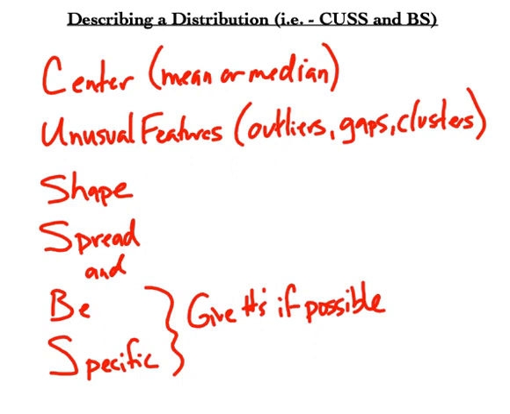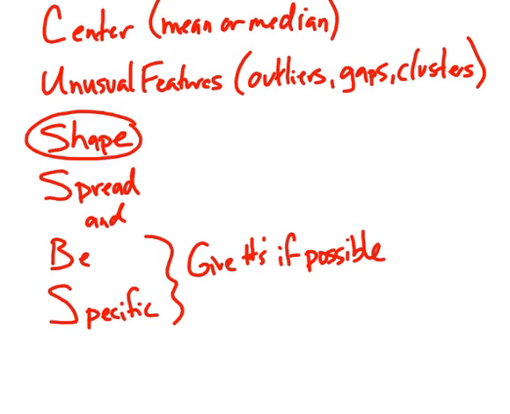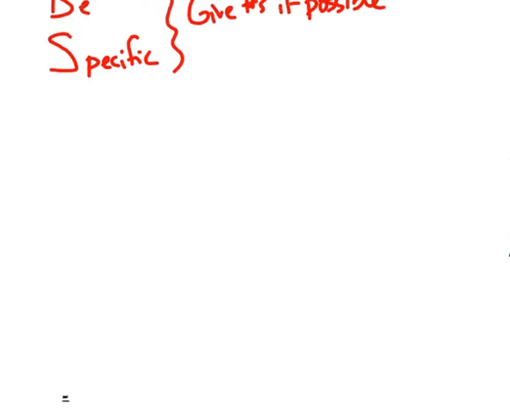that kind of thing. Okay, so I want to talk a little bit specifically about the shape. There are some main shapes that you'll see, and things that we want to talk about here.